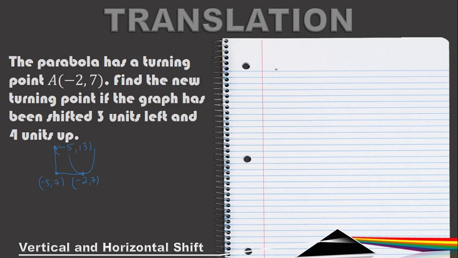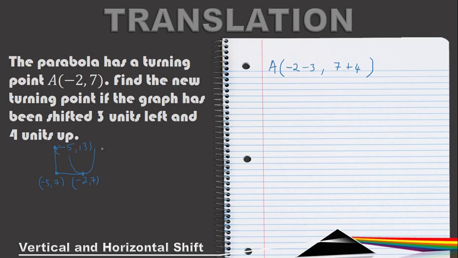Or just algebraically, we could have said we have a, which is minus 2, and then we have 7 over here. So with the x, we're shifting 3 units left, meaning we're going back 3, and then we're going 4 up, plus 4. Now notice this is not like when we're going left and right inside the equation.